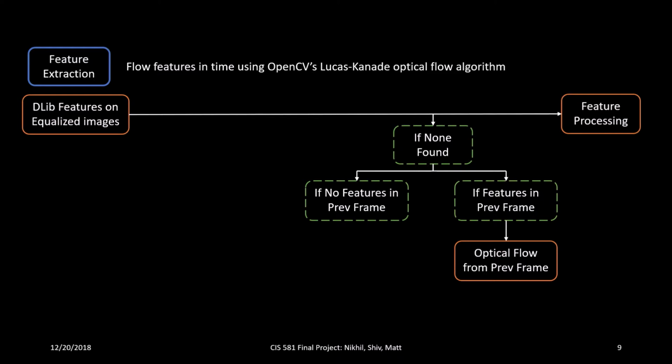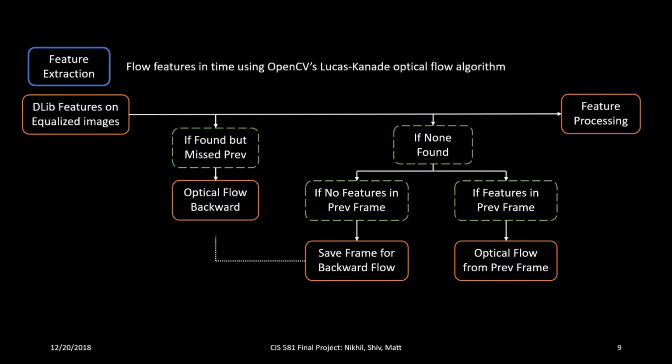However, if we don't have features in the previous frame, then we're going to save this frame and whatever features we have, either for the source or the target, and we're going to save that because the next time around the loop, once we find features, we can use backwards optical flow. So you can pass those frames that we saved and those features that we saved into a function that's going to try to get some of those frames back.